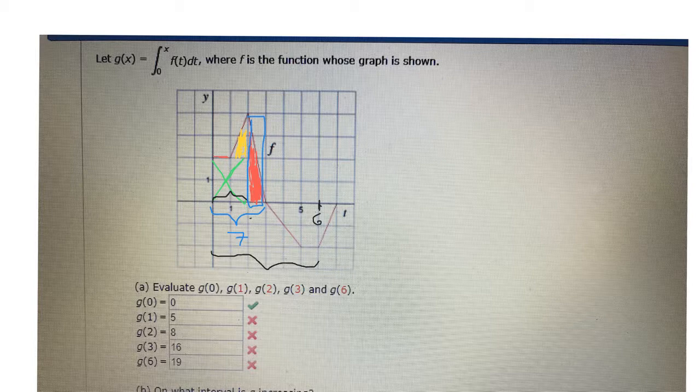That's the question at this point. In fact, I'll write a little question mark right here. Now, we know that the area from 6 all the way to 0 is definitely going to take into account 7, right? But now we have all of this stuff to contend with, right?